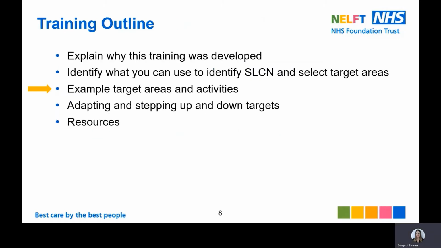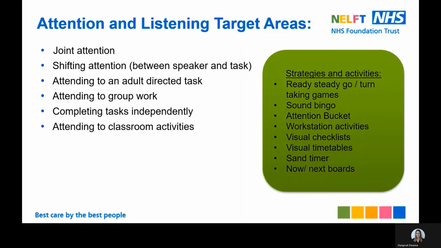Now let's see some example target areas and activities. The first target area is attention and listening, which includes joint attention, shifting attention between the speaker and a task, attending to an adult-directed task, attending to group work, completing tasks independently, attending to classroom activities.